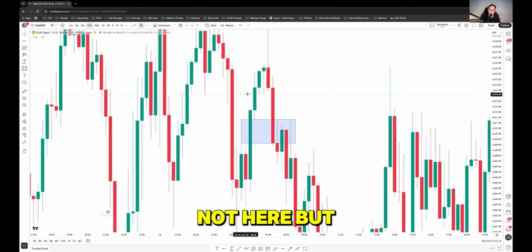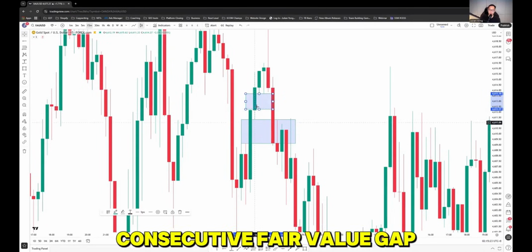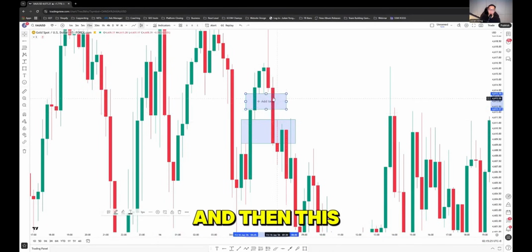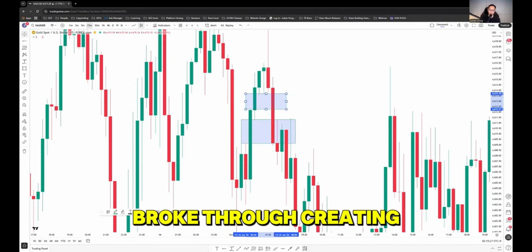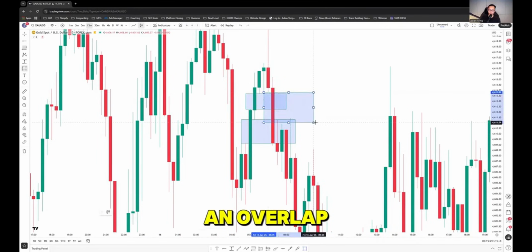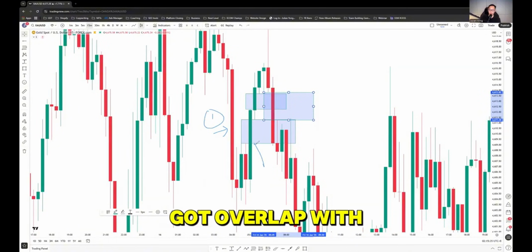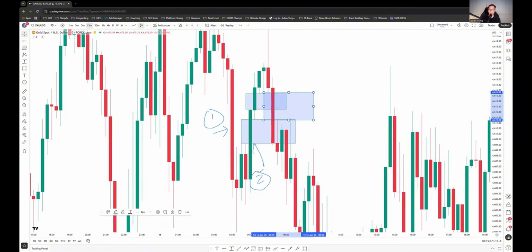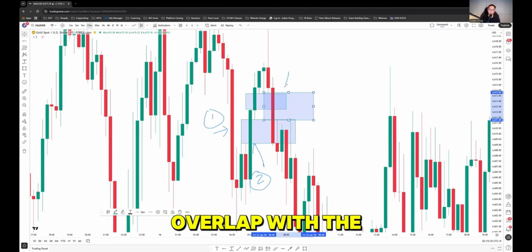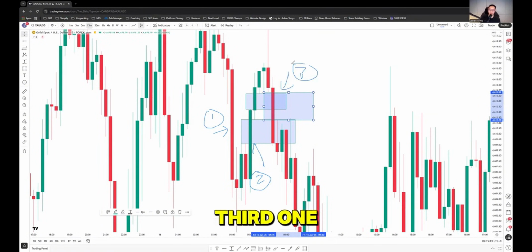Not here, but here. This is a consecutive fair value gap, and then this broke through, creating an overlap. So the first one, which was here, got overlapped with the second one, and the second one now gets overlapped with the third one. So the latest one always takes precedence.